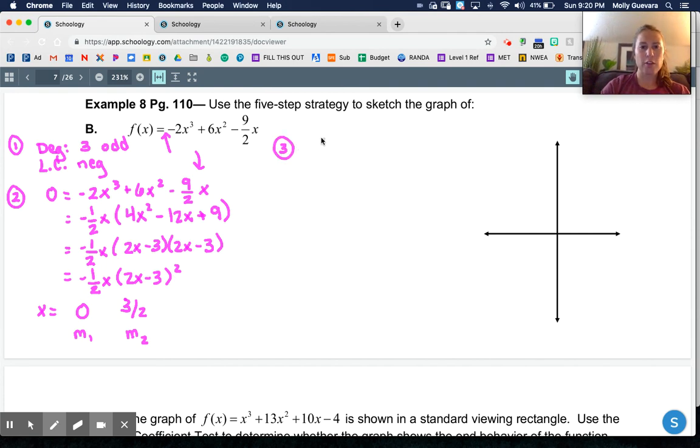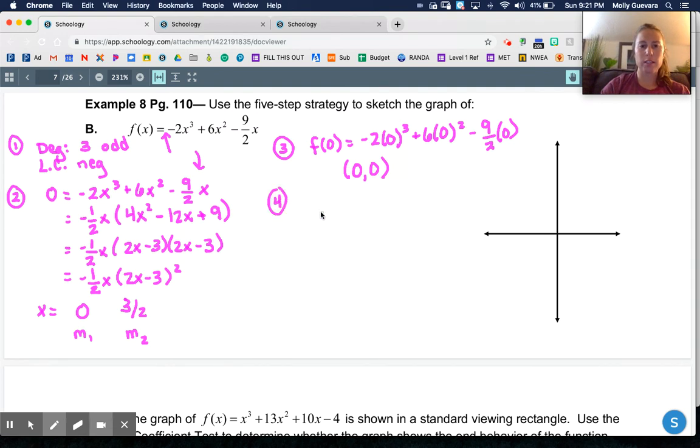Okay. Third step is to find the y-intercept by plugging in 0. So I have negative 2 times 0 cubed plus 6 times 0 squared minus 9 over 2 times 0. So that tells me I have a y-intercept at 0, 0. So that's good.